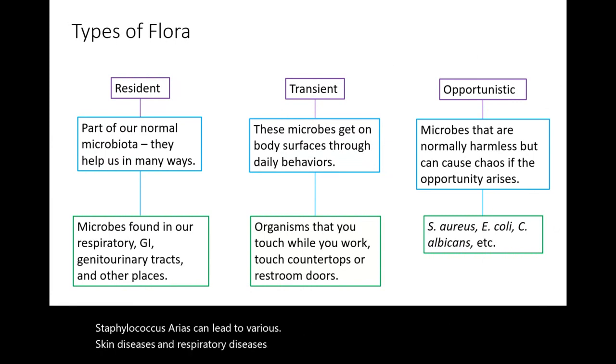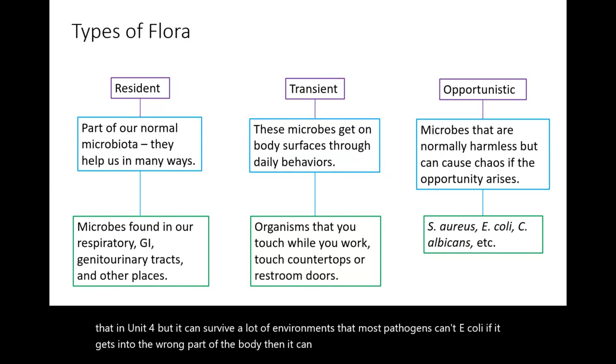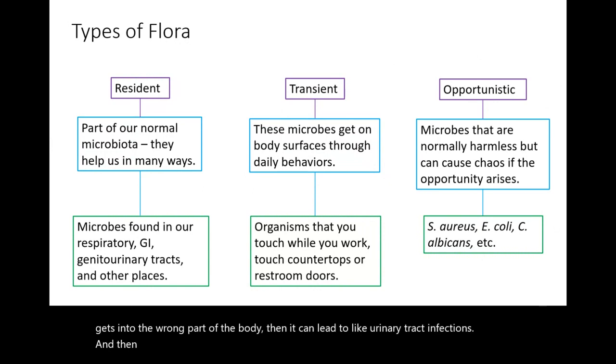It's a pretty hardy organism, and we'll talk more about that in Unit 4, but it can survive a lot of environments that most pathogens can't. E. coli, if it gets into the wrong part of the body, can lead to urinary tract infections.